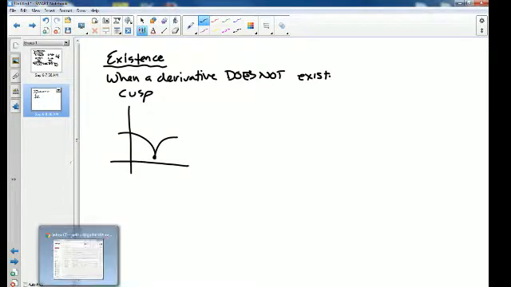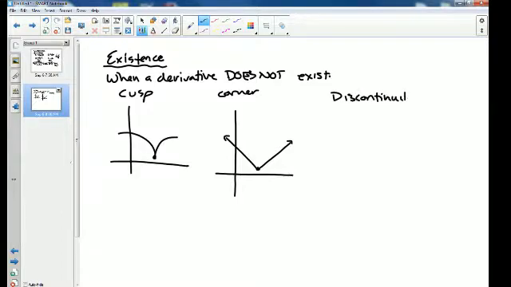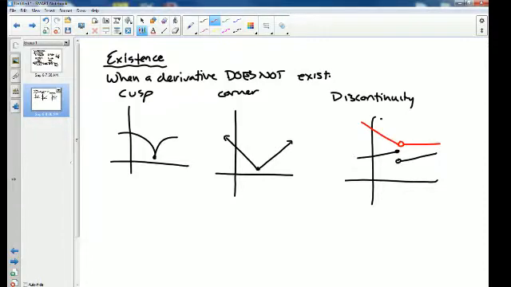Okay, corner. Discontinuity. Any type of discontinuity, really. I mean, we could do that as well, right? You could do it infinite.